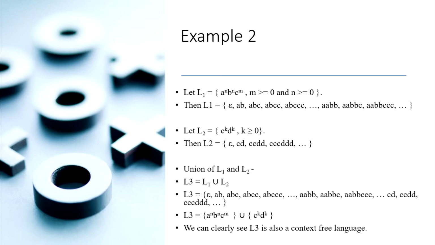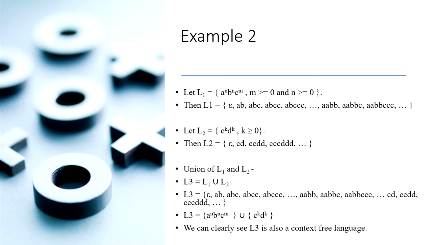And for language L2 we have taken c^k d^k, which is the same as our last example, where we had taken a similar L2. In L2 the number of c's and d's would be equal, and L2 will also contain the string epsilon. When we do the union of L1 and L2, we get the set in which we have all the strings from L1 and all the strings from L2.